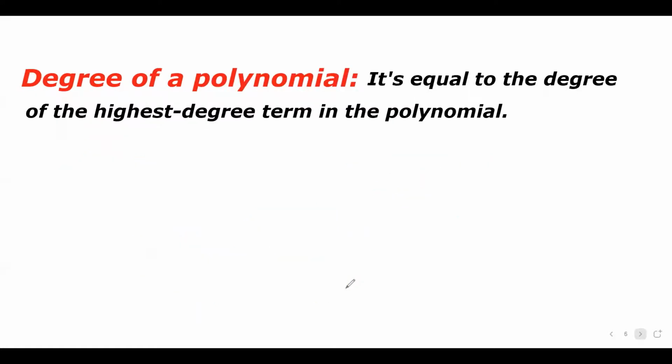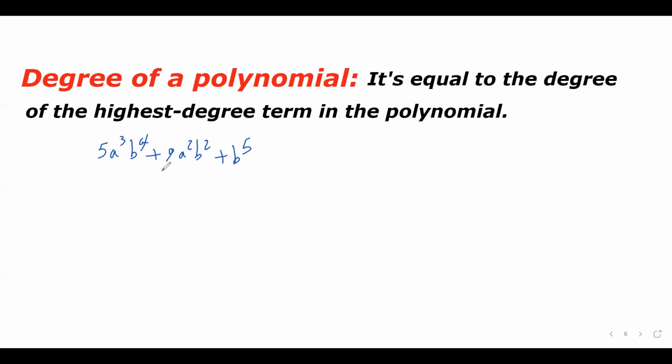Next, how can we determine the degree of a polynomial? The degree of a polynomial is equal to the degree of the highest degree term in the polynomial. Let's say I have this polynomial, 5a cubed b to the power of 4 plus 9a squared b squared plus b to the power of 5. This polynomial has 3 terms. If I want to find the degree of the polynomial, I first need to find the highest degree term.